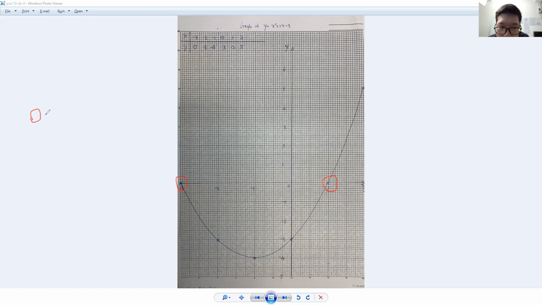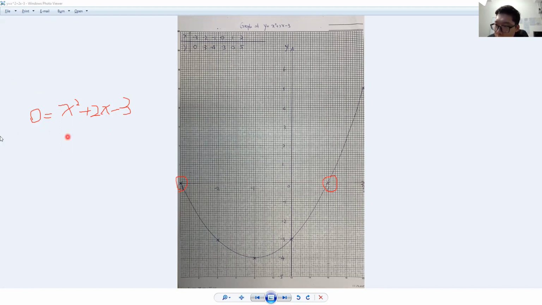So it's 0 equals x squared plus 2x minus 3. Look at this equation: my right hand side is the curve equation, my left hand side is 0.